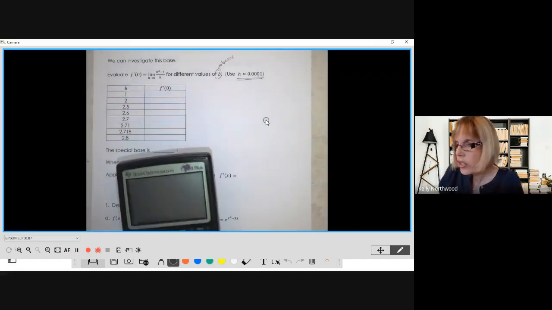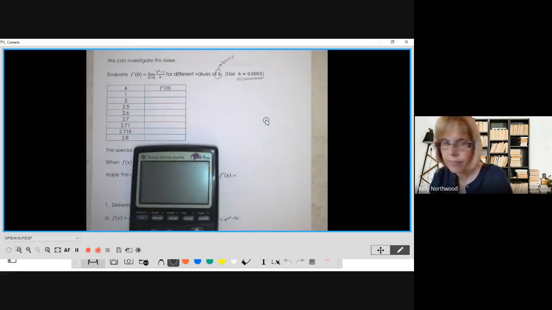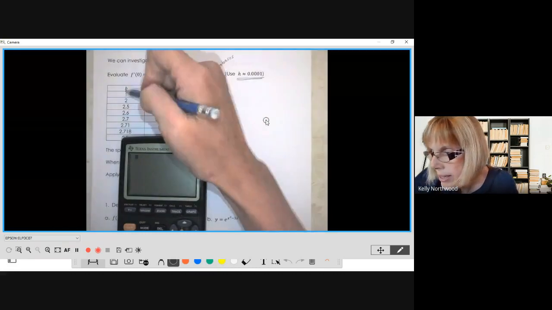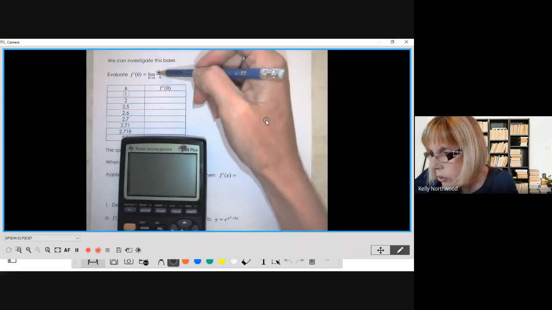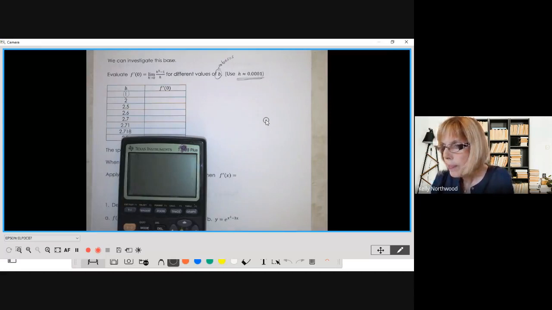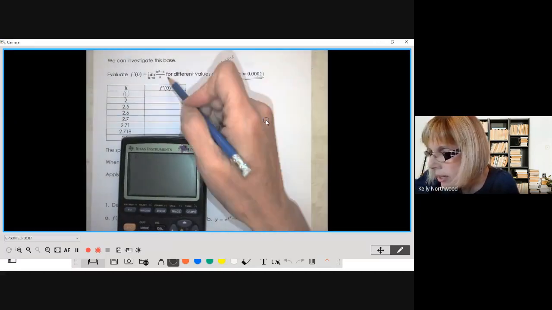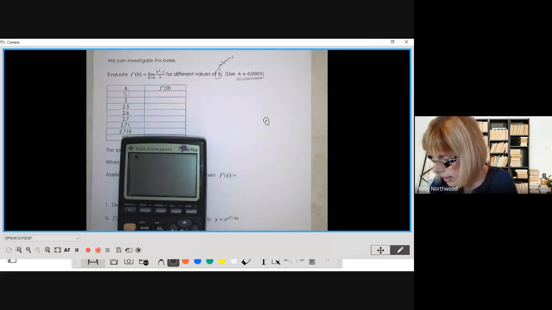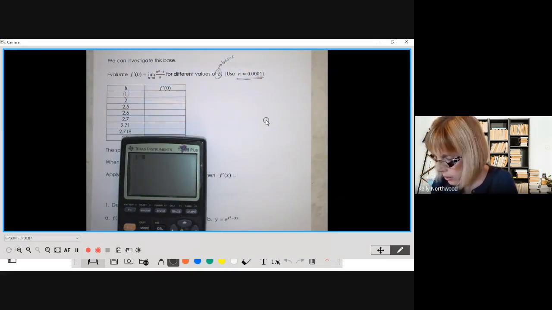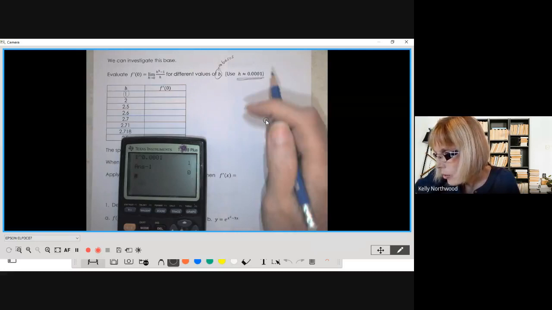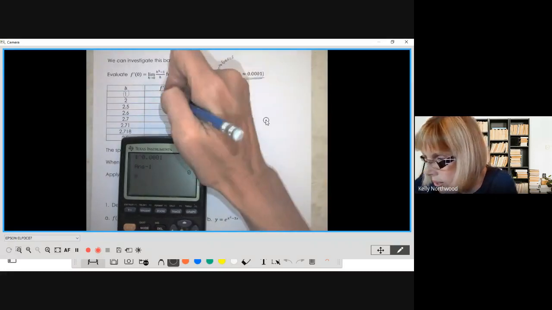So when you do this calculation in your calculator, I'm using the base as being 1. I'm letting h approach 0 by letting h be 0.0001. So I'm doing 1 to the exponent 0.0001. I know 1 to the anything is 1. Minus 1 is 0, divided by 0.0001 is still 0.